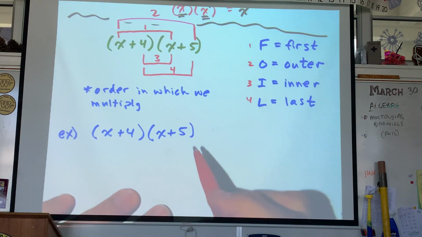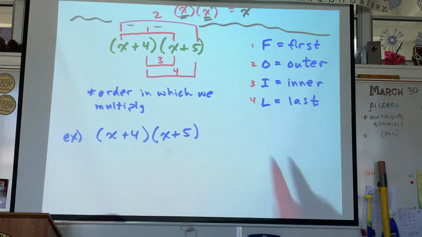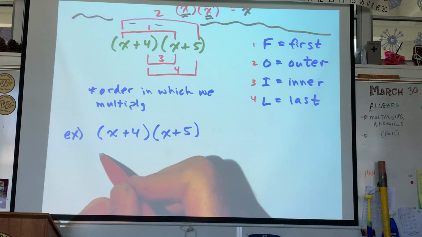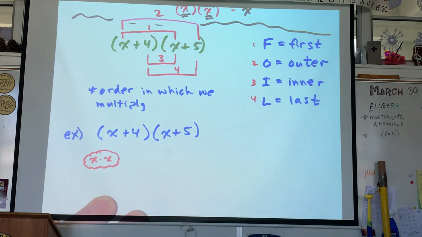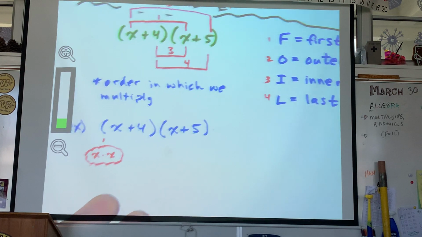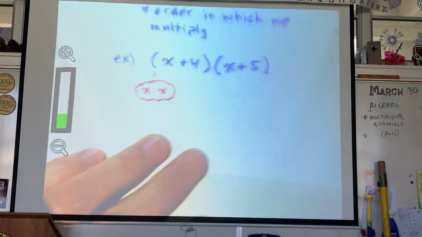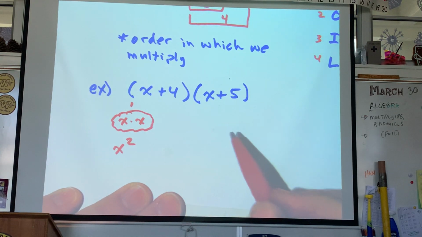Here we go. The firsts is x times x. And I'm really going to make these little thought bubbles here too. X times x is x squared, or x to the second.